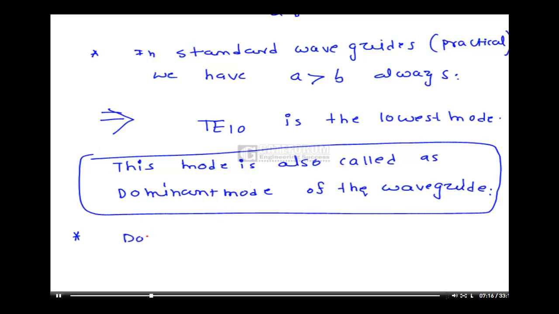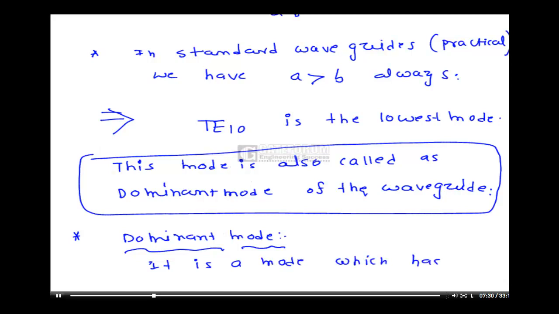Here the definition for dominant mode is: it is a mode which has the lowest cutoff frequency or longest cutoff wavelength.